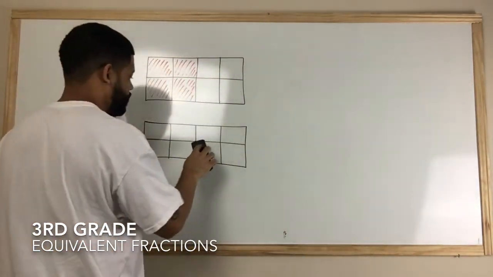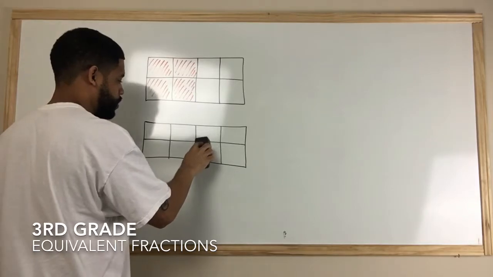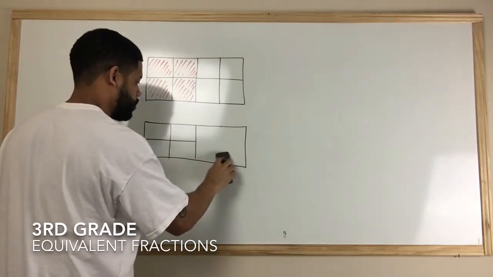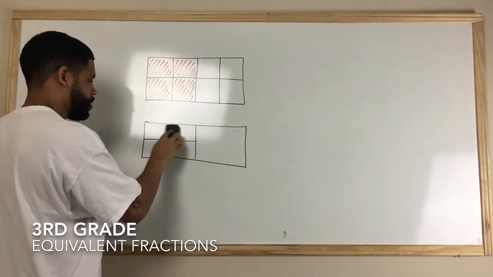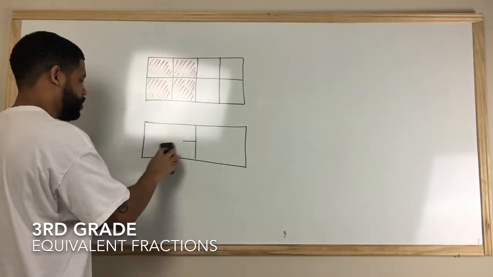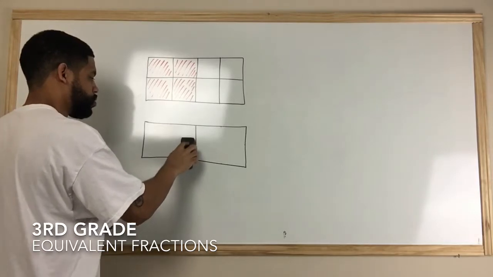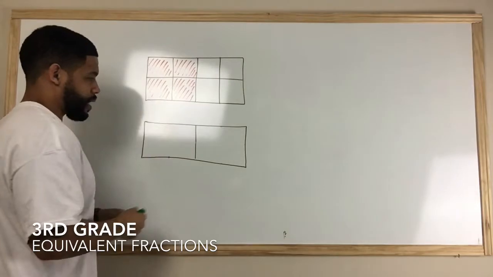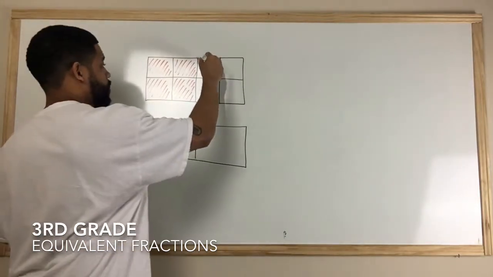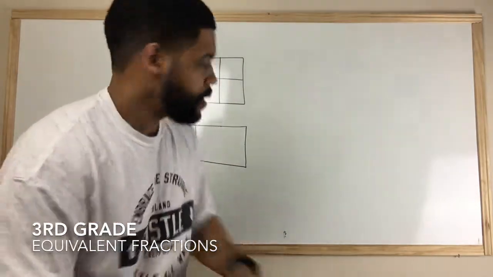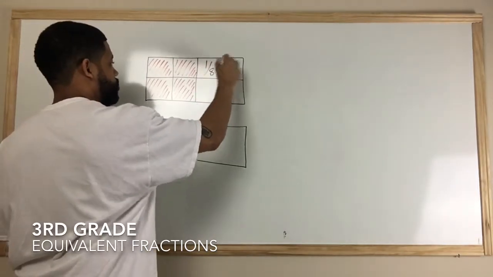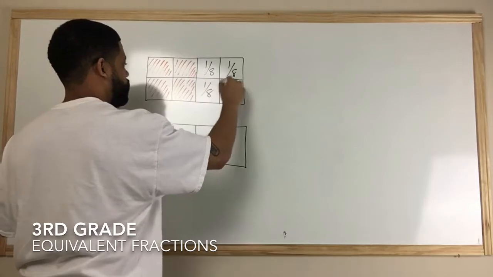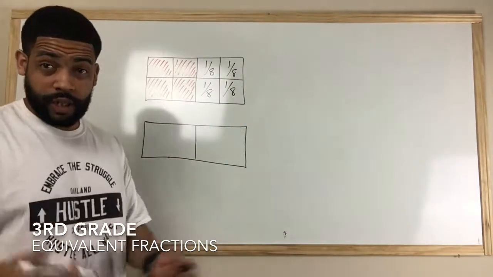I'm going to take this one and erase those pieces right there. I don't want this to be 8 pieces. I want it only to be 2 pieces so that you can see that they take up the same amount of space. Now, notice up here each one is 1/8. And of course the red pieces are 1/8 as well.